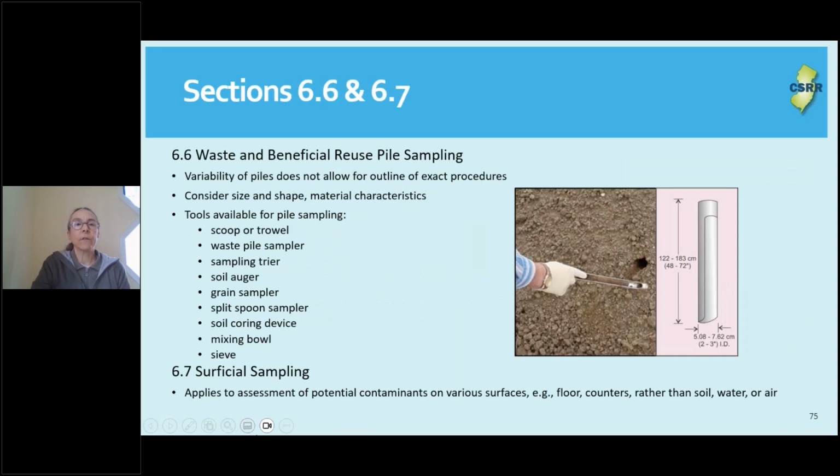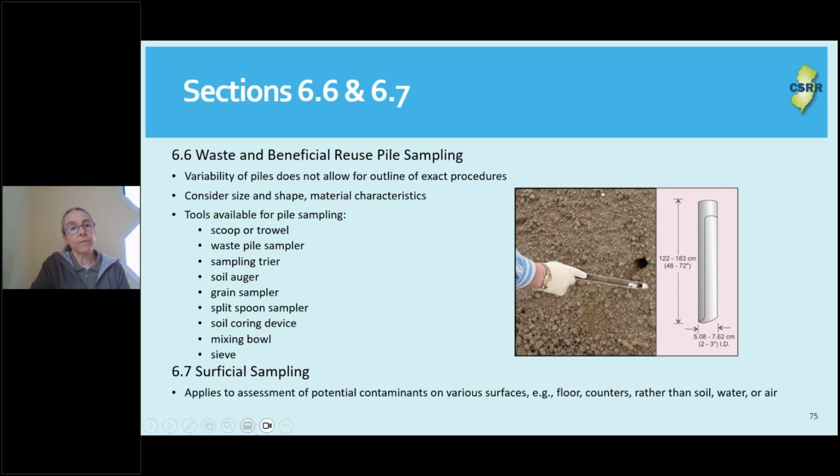Section 6.6 covers the sampling of waste and beneficial reuse piles. Again, there's a variability of piles, so they do not allow for an outline of exact sampling procedures, but things you should consider would be size, shape, material characteristics, and access.